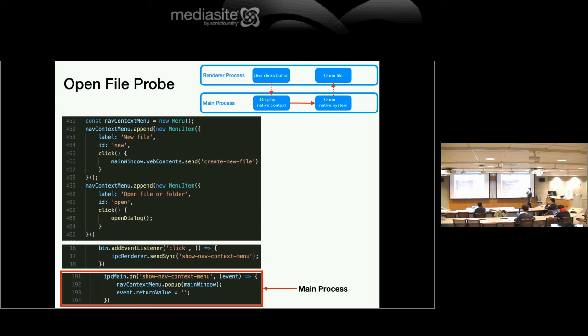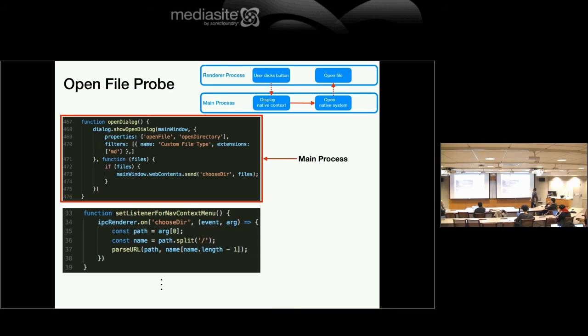After this, we suppose the user clicked the menu item, this one, and the openDialog function gets executed. Inside of the openDialog function, the main process will call the showOpenDialog method of the dialog module provided by the Electron framework, which will help us render the native system window. At line 469, we specify that this system window can open both files and directories.